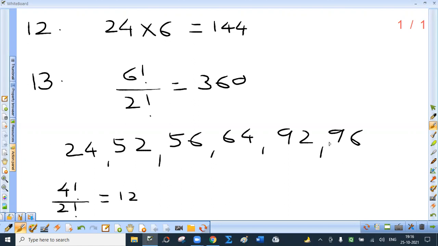See, be careful. 9 occurs twice, so we have to consider two cases. Write this much only.